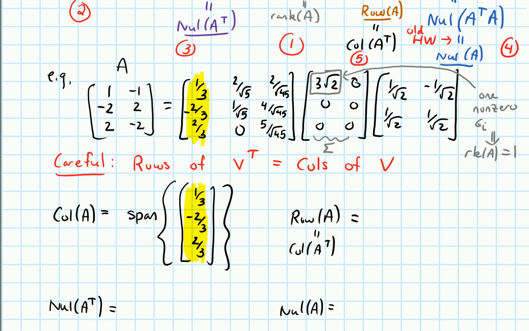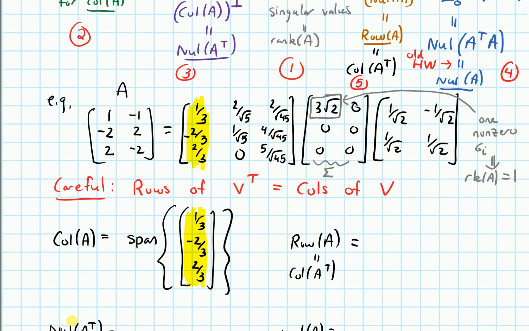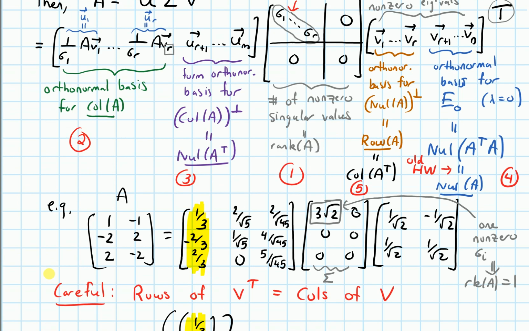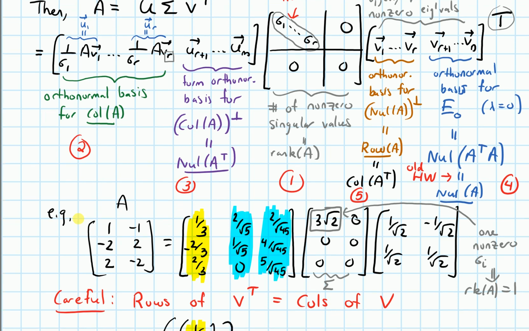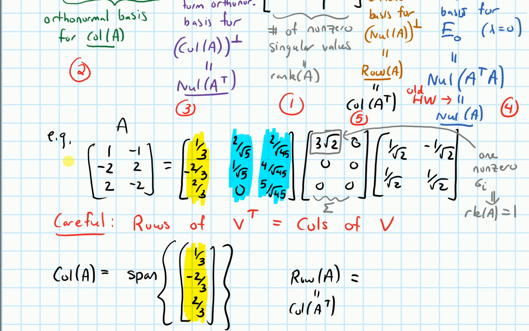All right, so next let's do the null space of A transpose. The null space of A transpose is the stuff that was orthogonal to the column space of A. And we've seen here that these are the last columns of the matrix U after the first R. So in our example, this is where we'd begin, and we'd go all the way until the end. And they're going to be an orthonormal basis for the null space of A transpose.